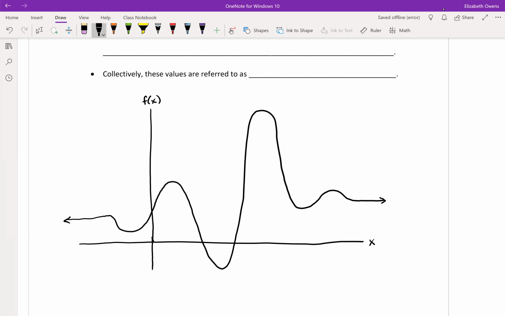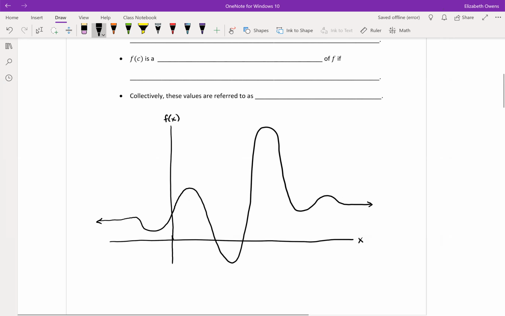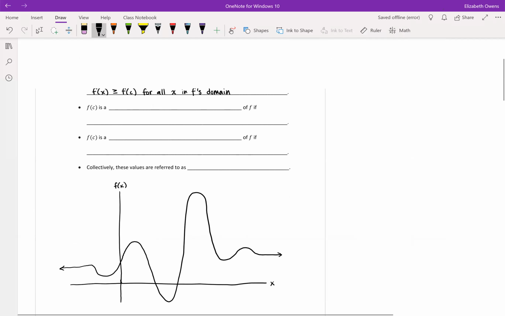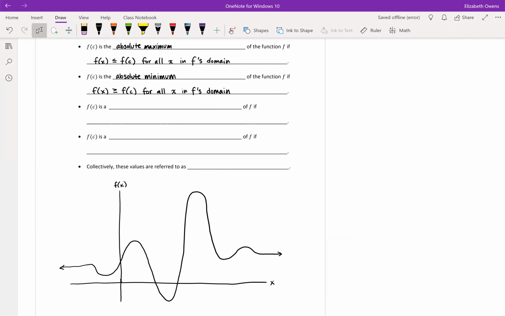So we can see on this graph, you can probably pick out the absolute maximum and absolute minimum values because those are going to be the largest in the case of the maximum and the smallest y values on the whole function, okay?